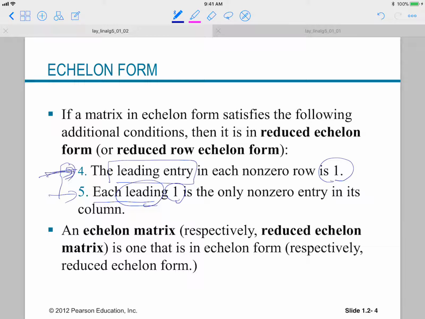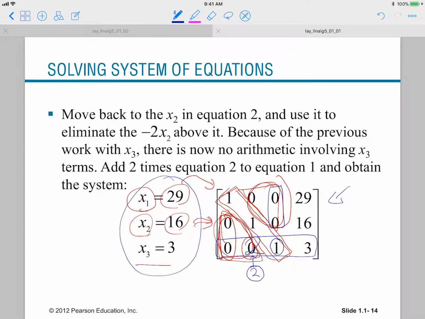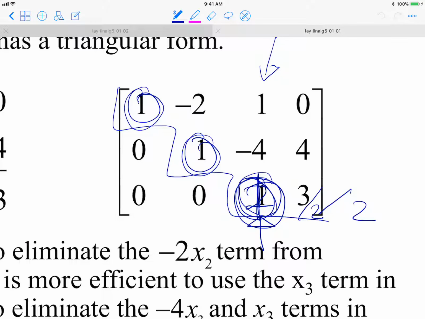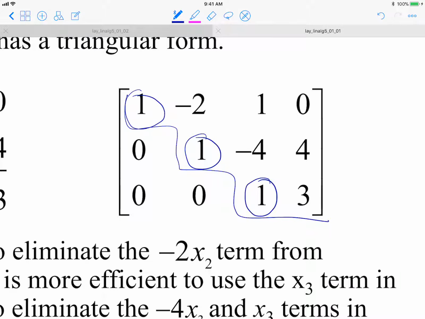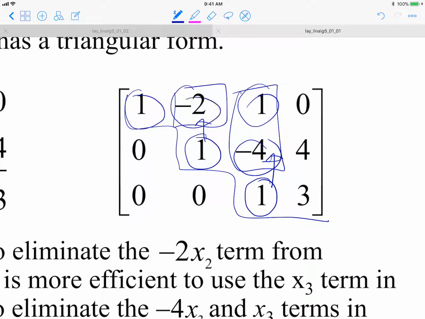If all of them, when looking up in the above columns starting from each leading entry, are zeros, then it is a reduced echelon form. In this case, it is an echelon form, but for each of these leading entries, when we look up above, clearly these are non-zero, so it doesn't satisfy reduced echelon form. These should all be 0 in order to become a reduced echelon form.